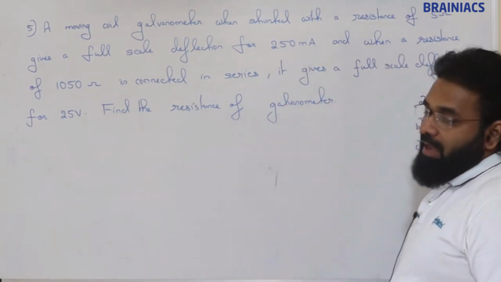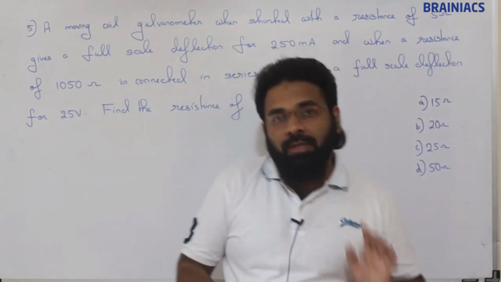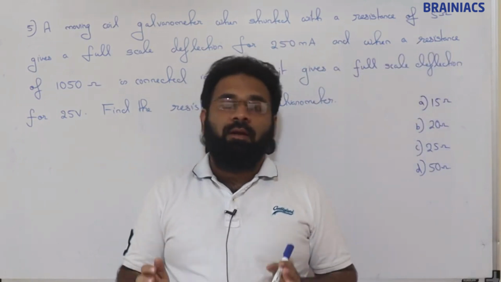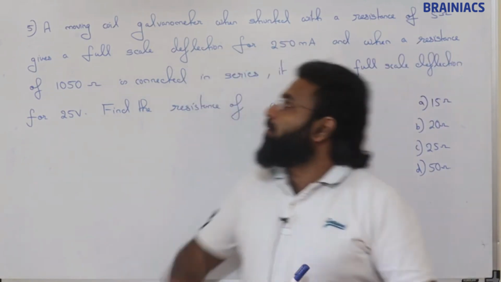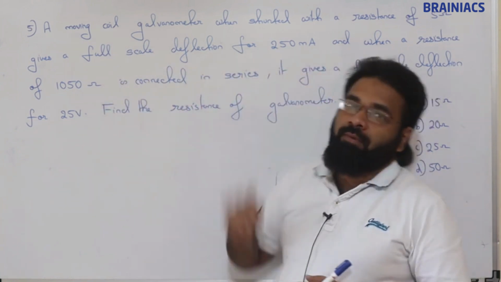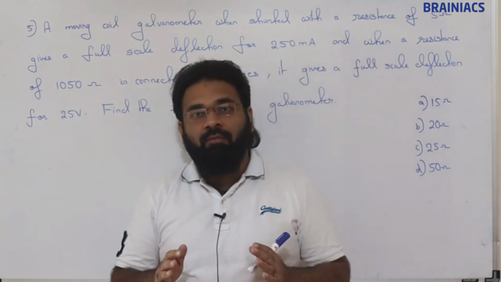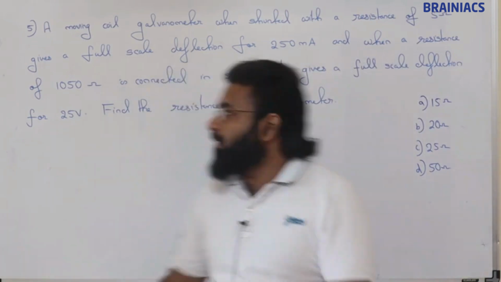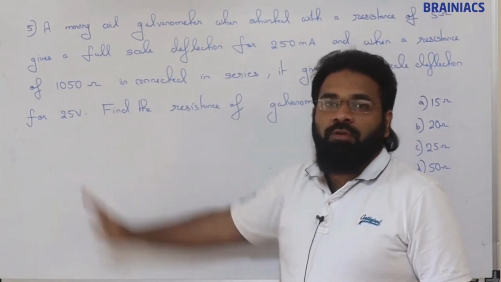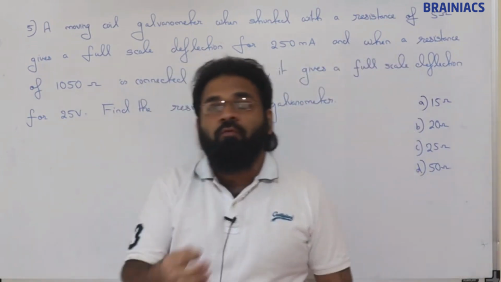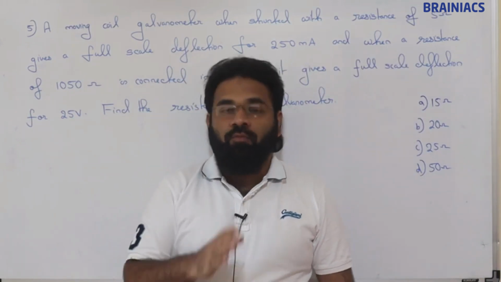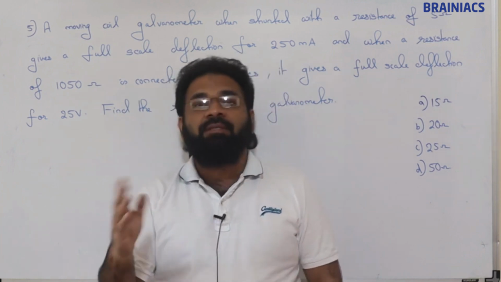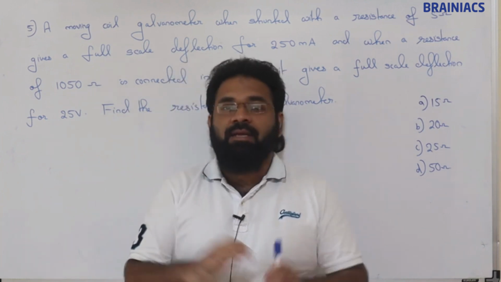Find the resistance of the galvanometer. Here we are converting the galvanometer into an ammeter with full scale deflection 250 milliampere, and into a voltmeter with full scale deflection of 25 volt. Full scale deflection of a galvanometer is one thing, full scale deflection of an ammeter is another thing. Understand the difference.